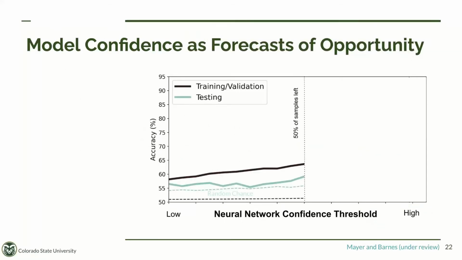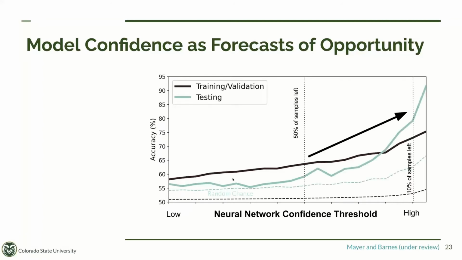So to see if this is actually the case, I've taken a trained model and plotted the neural network confidence threshold on the x-axis and accuracy on the y-axis. When the confidence threshold is relatively low, you can see that our accuracy hovers around 55 to 60%. But as we keep increasing this confidence threshold, we can see that our accuracy starts increasing drastically.